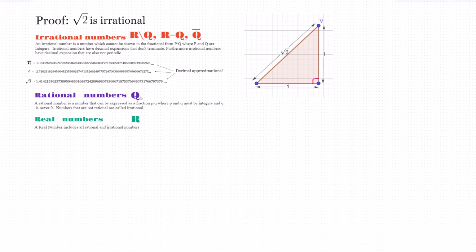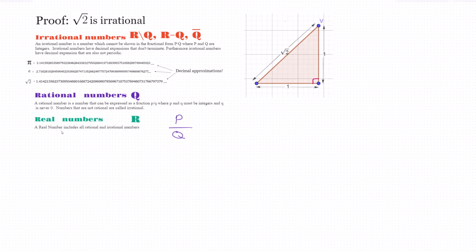They go with the symbol Q that represents all rational numbers, Q for quotient. A rational number is a number that can be expressed as a fraction, P over Q, where P and Q must be integers. This is critical.